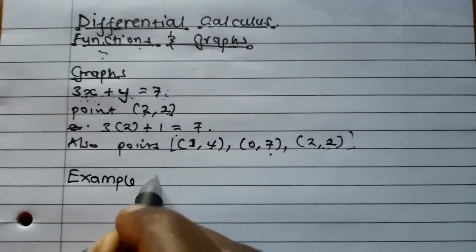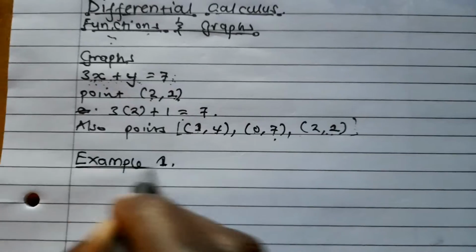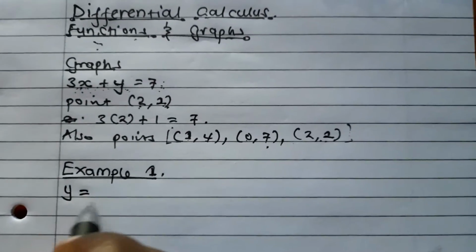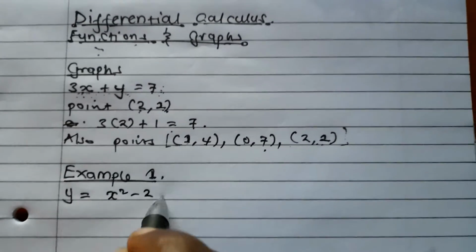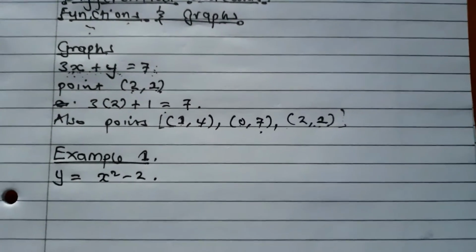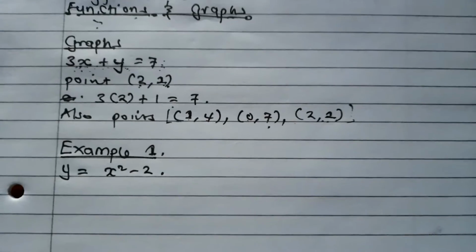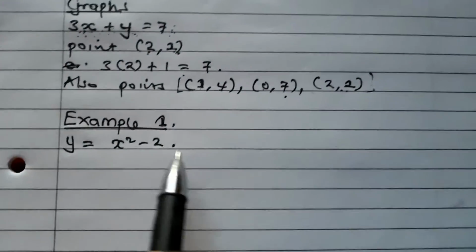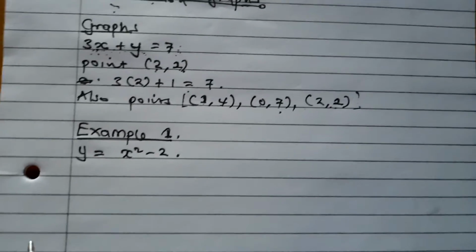Let's have an example and call this example 1. Suppose we have the function y is equal to x squared minus 2, and we want to come up with the graph of this equation.